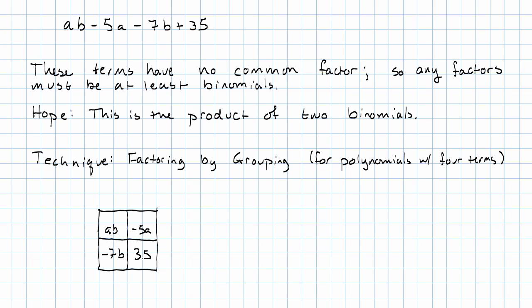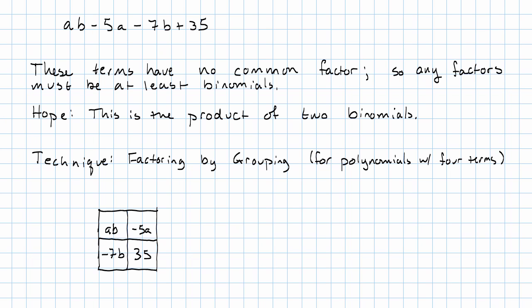And we'll see how that works. If you try to factor by grouping and it doesn't work, we'll see what we mean by doesn't work in a minute. Try again, just swapping the terms in your bottom row. You might have been out of order.